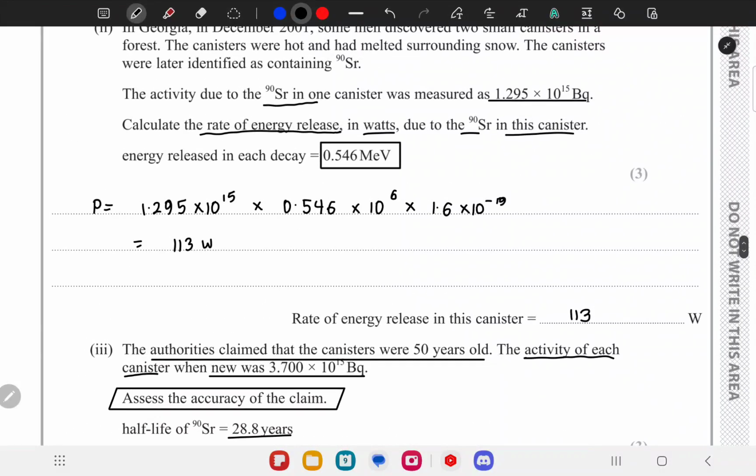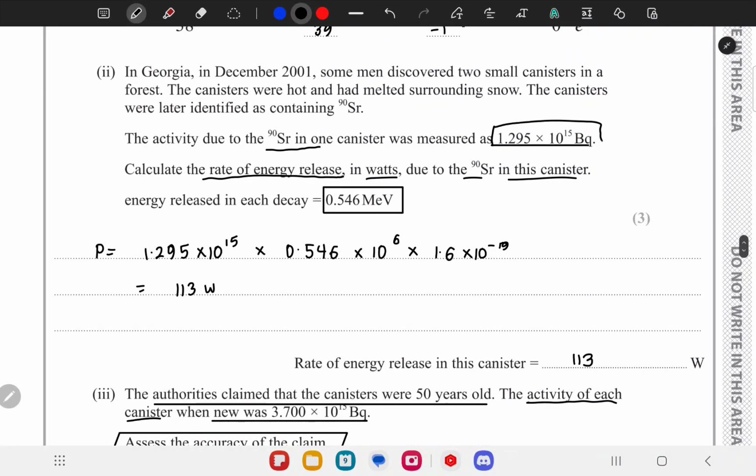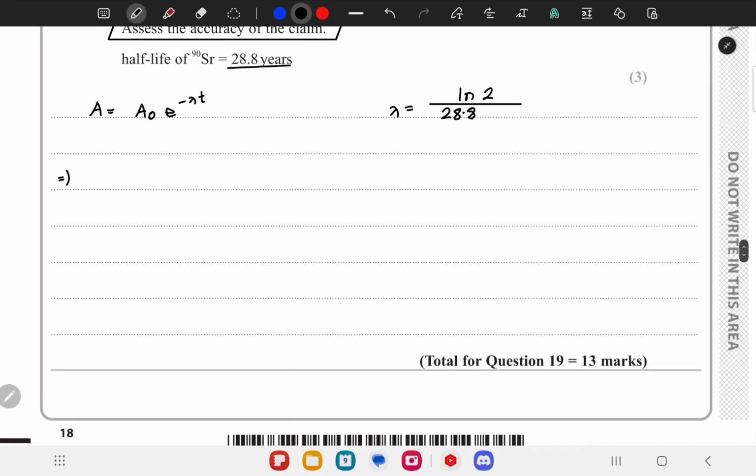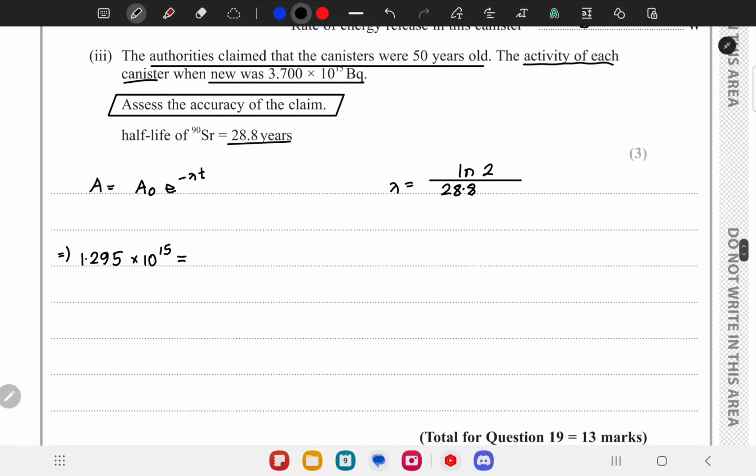So the activity after 50 years is 1.295 × 10^15. So 1.295 × 10^15 equals 3.700 × 10^15 times e to the power minus ln 2 by 28.8 t.